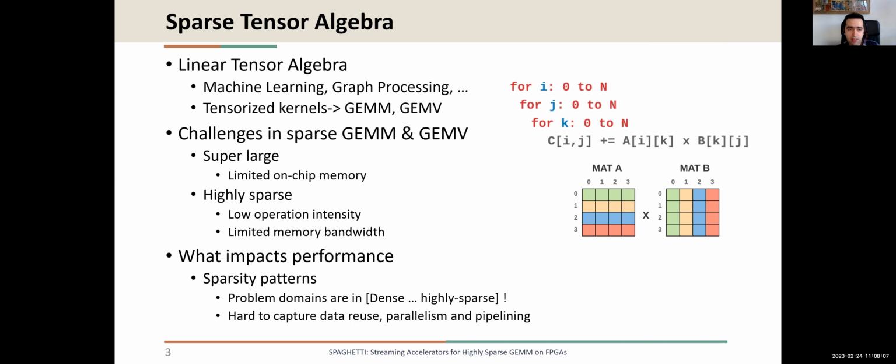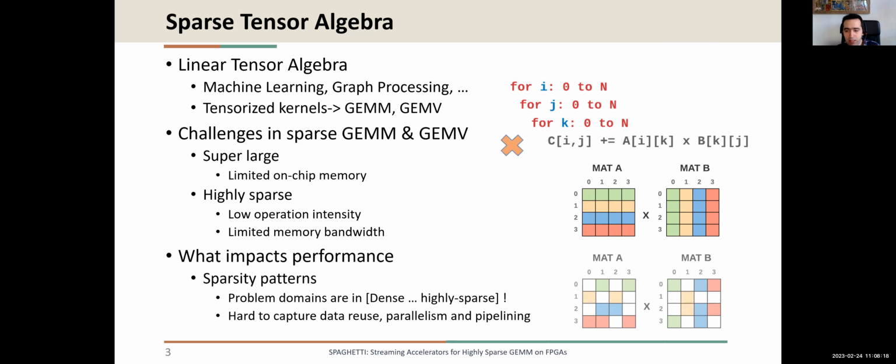It's just a nested loop, so you can unroll these loops, do some tiling, parallelize it and reuse data as much as possible. But in the case of sparse matrices, it's really hard to pipeline and parallelize the whole algorithm because you're accessing zero elements and non-zero elements.